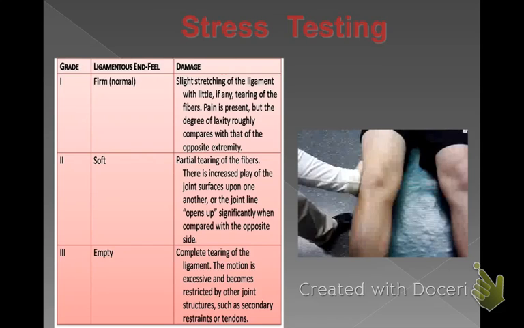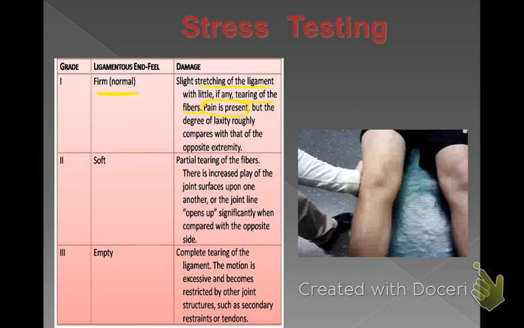A grade 1 would represent a joint that has very little laxity and is very firm in nature, right? So what you might feel when you go to stress test that joint is maybe a slight stretching of the ligament, but really there isn't any tearing of the fibers, maybe a tiny bit. But the number one sign and symptom with a grade 1 sprain really is pain, right?